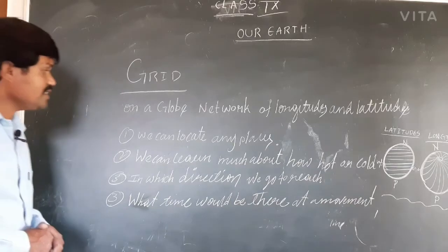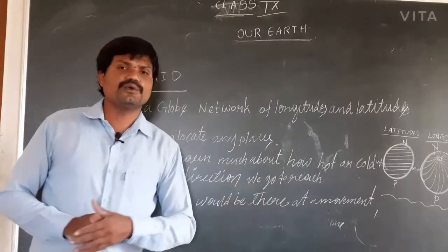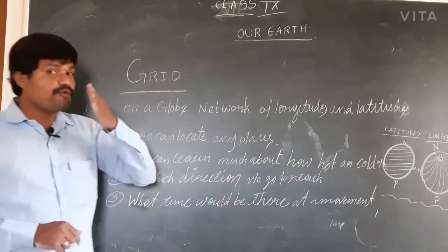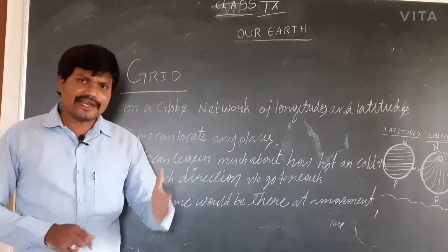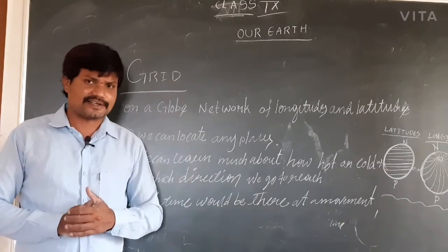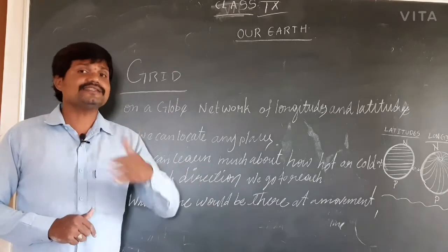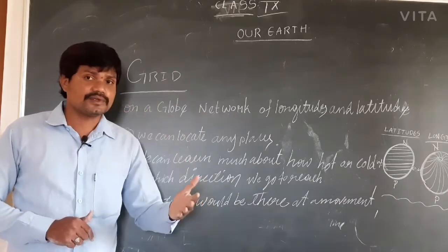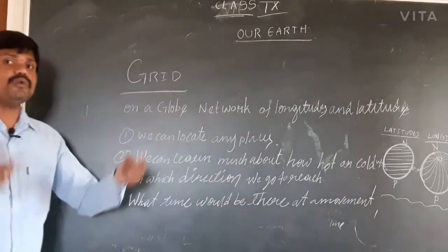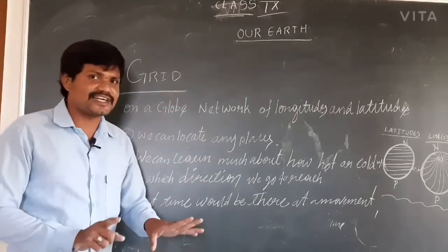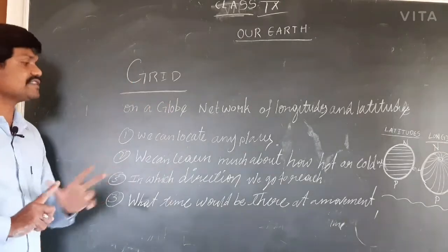Next one is, in which direction we go to reach a place. When we cross every longitude, there are different places. With the help of the grid system we can reach different directions, and how we reach a specific direction at a particular region is possible by the grid system.